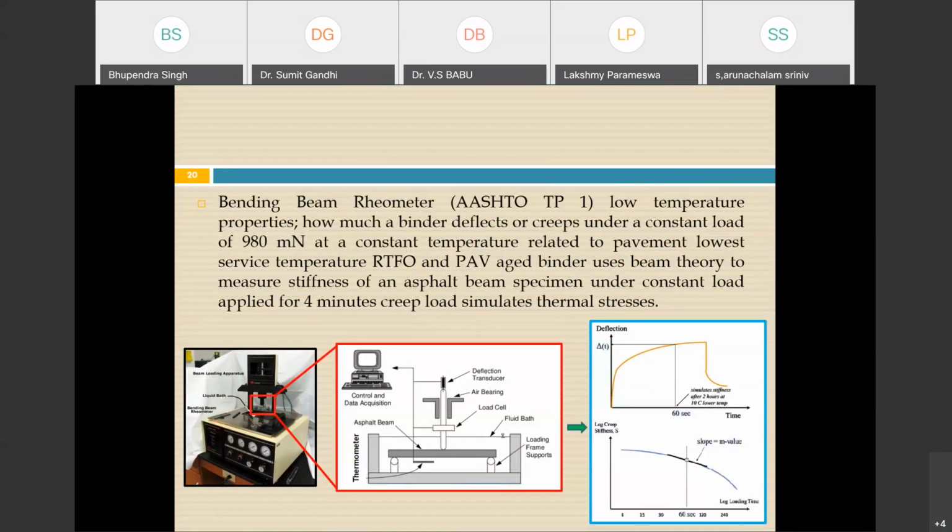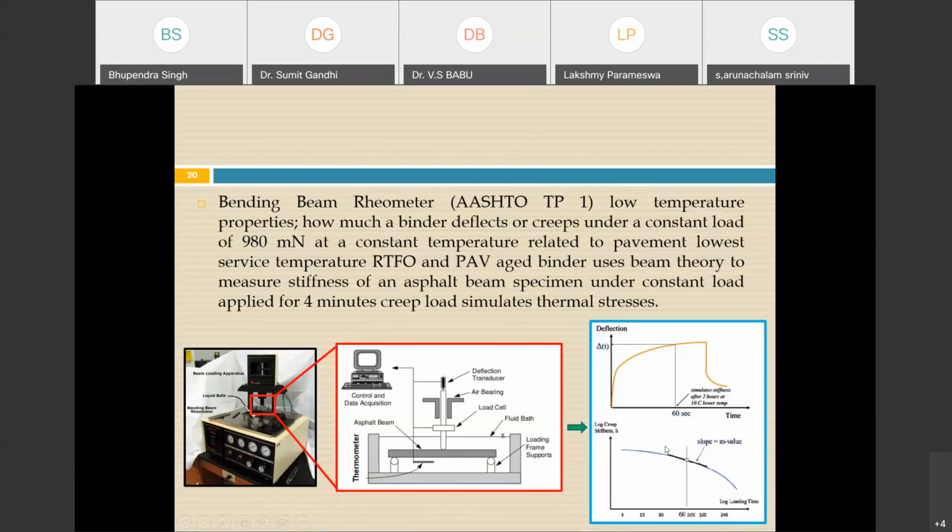With that creep we find the stiffness value and the M value, and there are limiting values for these. The slope value M is obtained from the graph of log creep stiffness and log loading time.